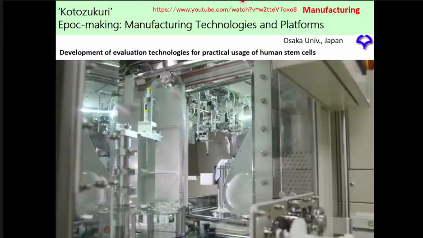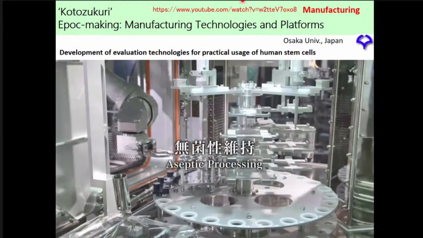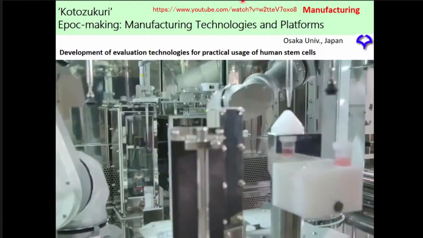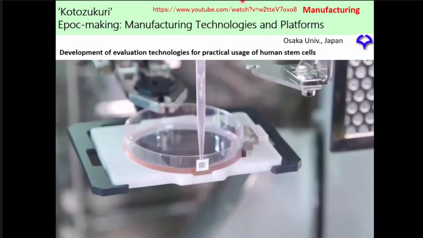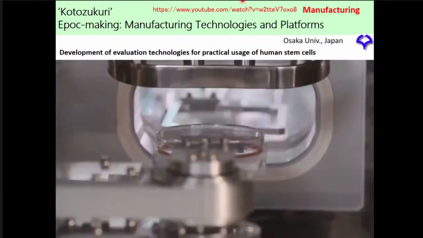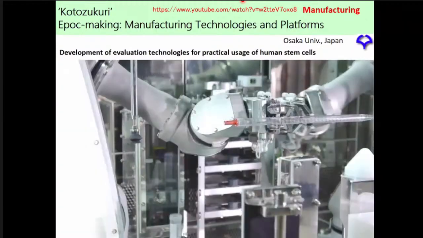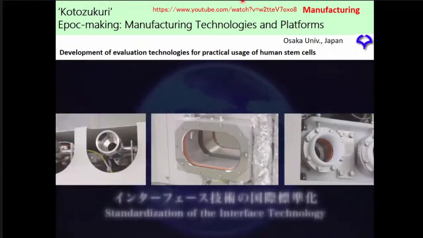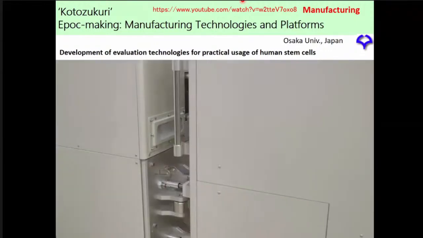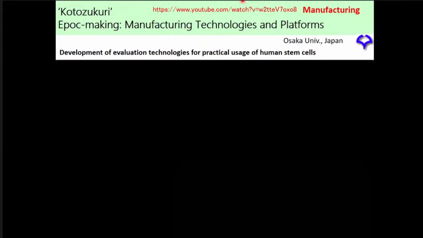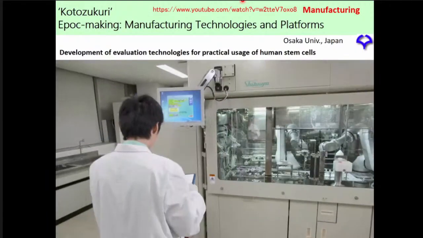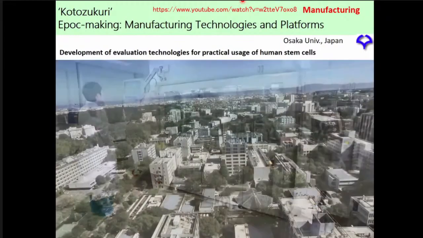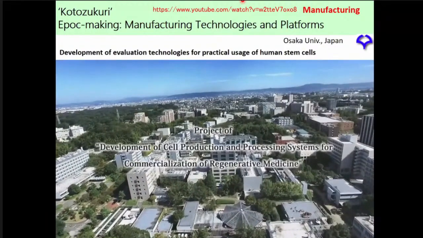FMP also allows modules to be shared while maintaining long-term asepticity, promising high quality and reasonably priced manufacturing. We are also working to make sure our interface technology acquires international standardization. With our connecting technology, our goal is to promote Kotozukuri and achieve full-scale industrialization for regenerative medicine.